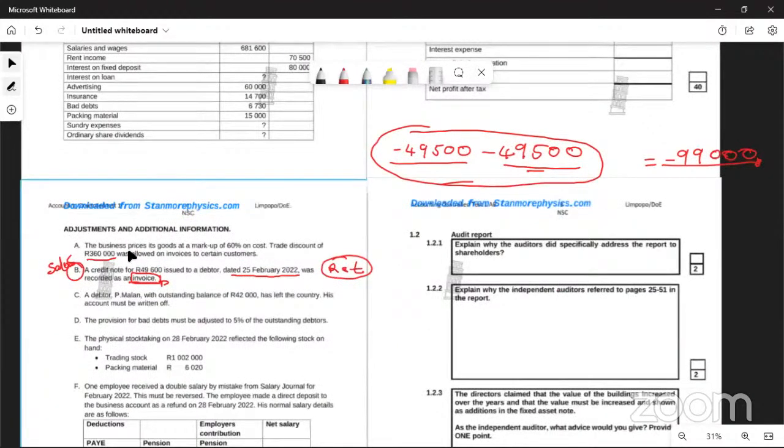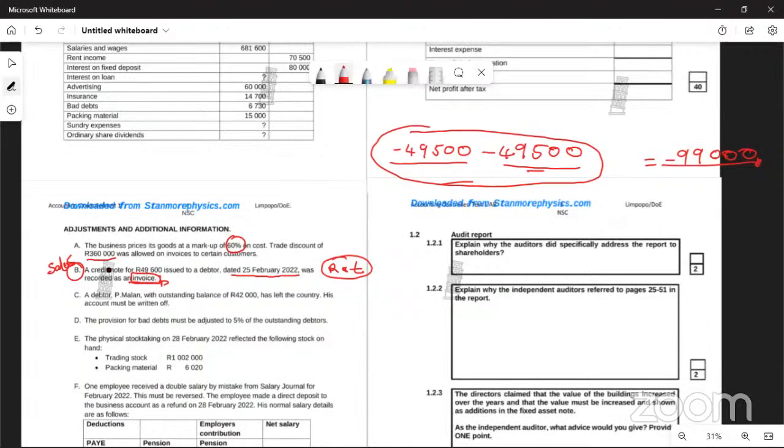The business prices its goods at a markup of 60% on cost. A trade discount of 360,000 was allowed on invoice to certain customers. Okay, now when we deal with that figure over there, how are we to calculate it?